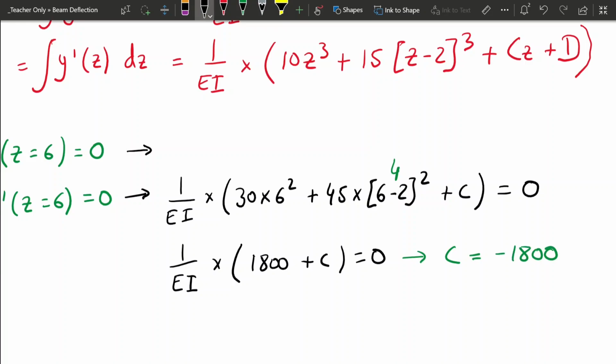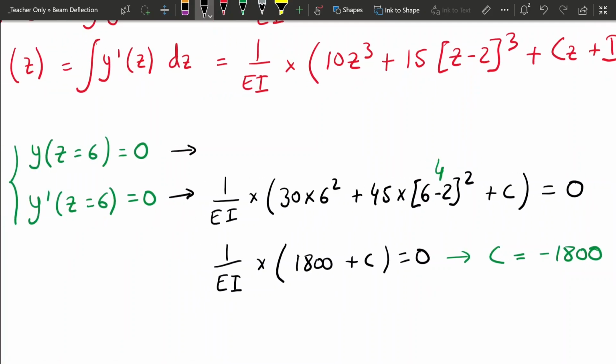So now we're in a position to use our other boundary condition to get d. So let's replace this: 1 over EI times 10 times 6 cubed plus 15 times 4 cubed plus minus 1800.